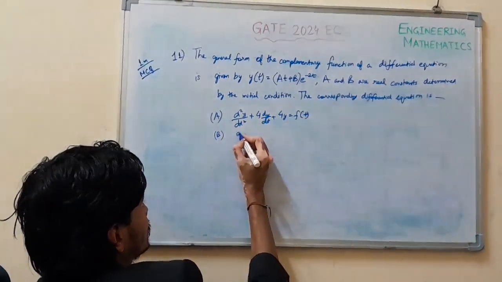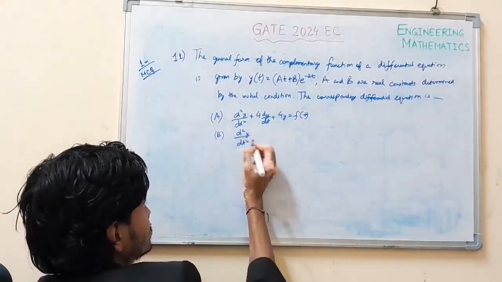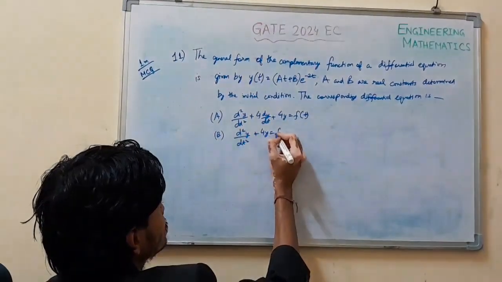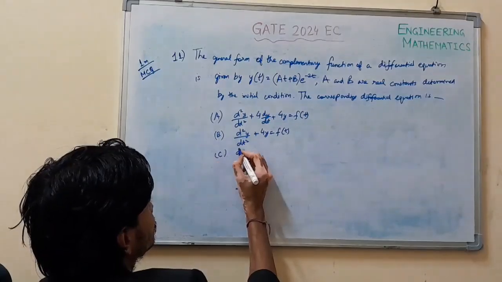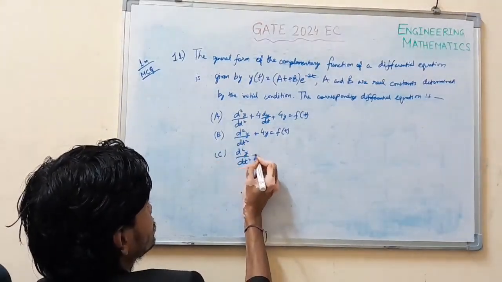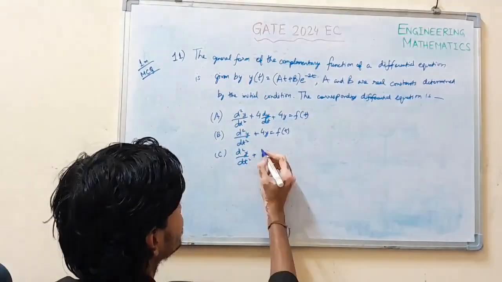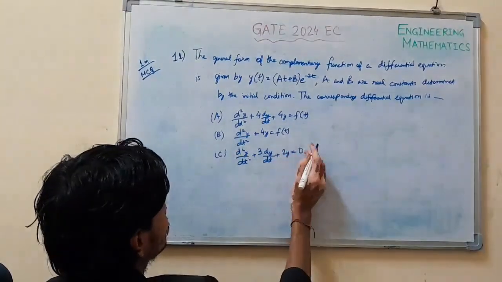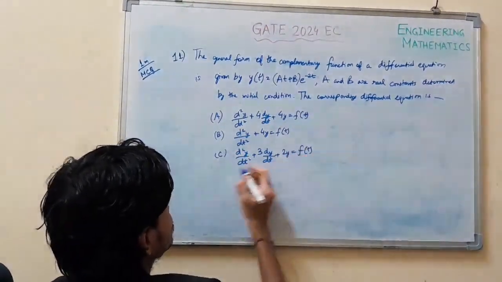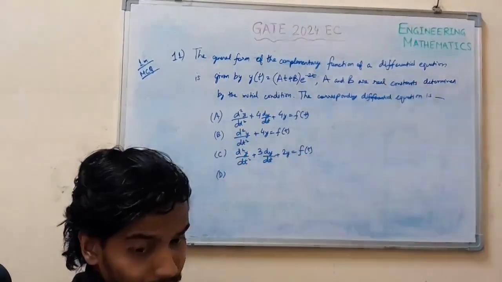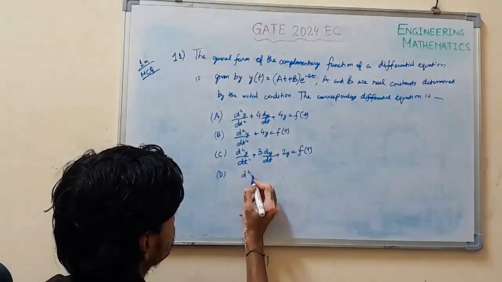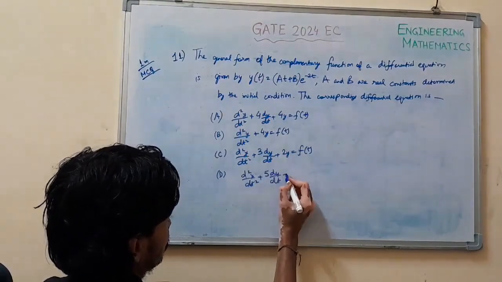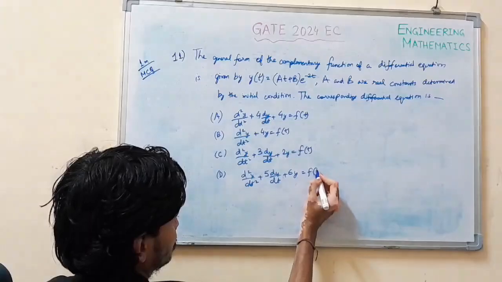B, d2y dt2 plus 4y equal to 50. C, d2y dt2 plus 3 dy dt plus 2y equal to 50. And D, d2y dt2 plus 5 dy dt plus 6y equal to 50.